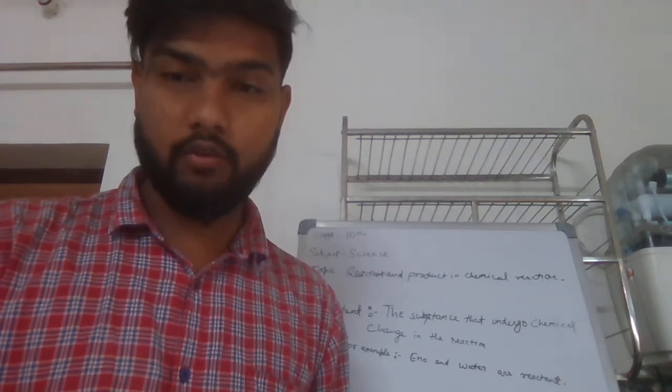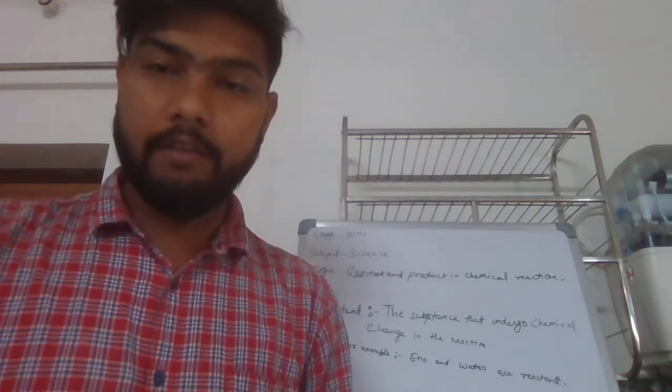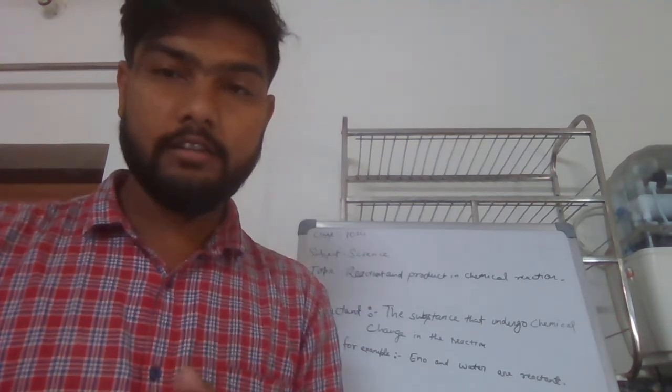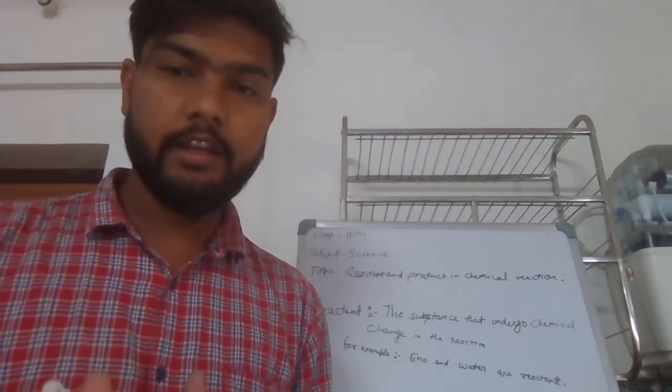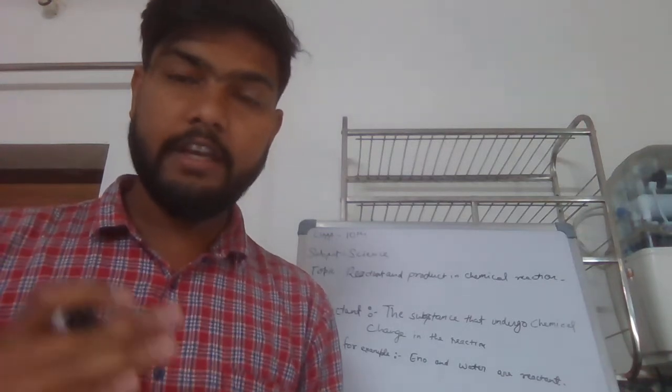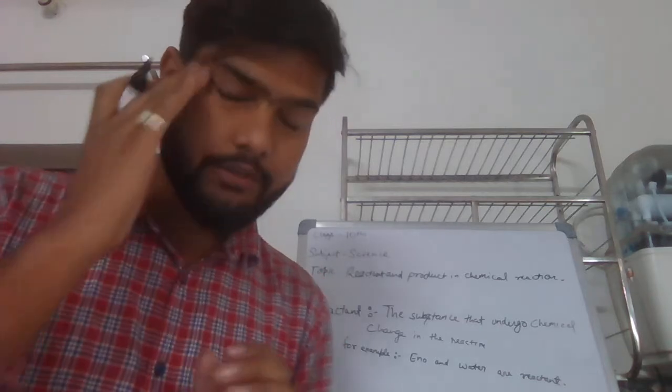So here we will come to know what are products. Product is the new substance formed during the chemical reaction. In the above activity, the product is the evolution of CO2 gas.